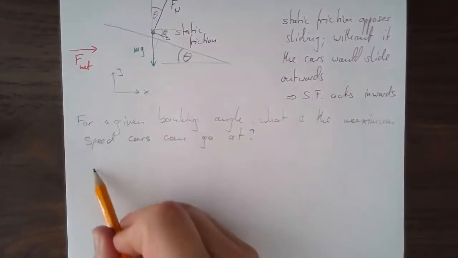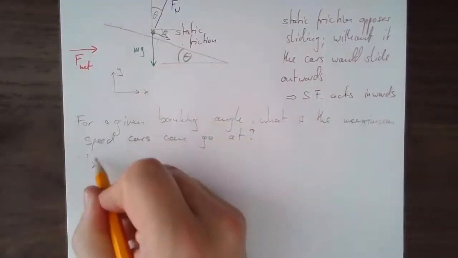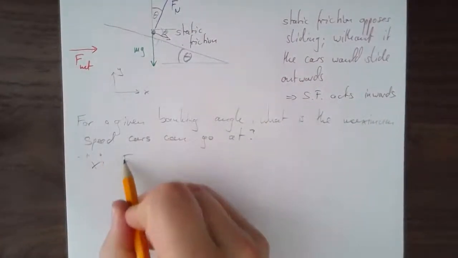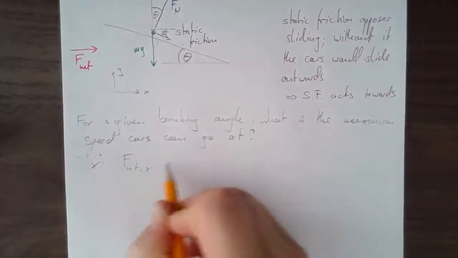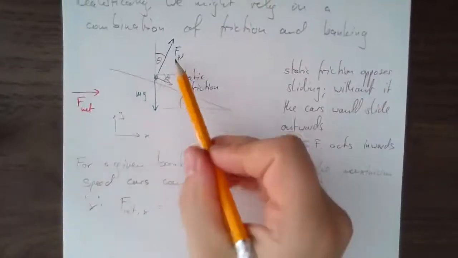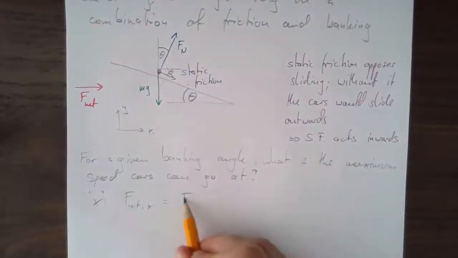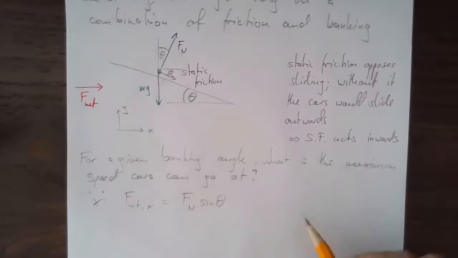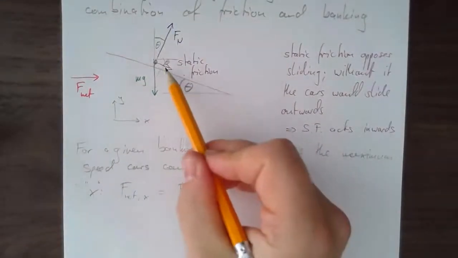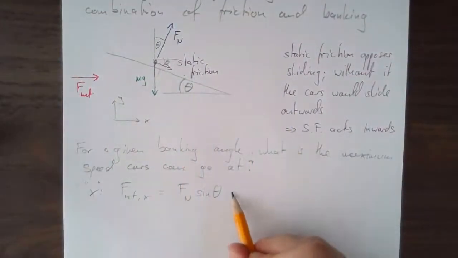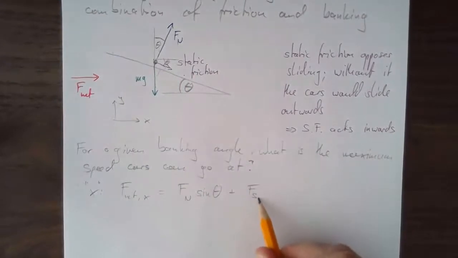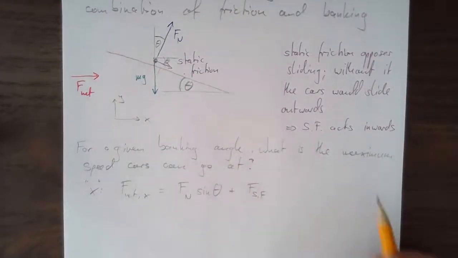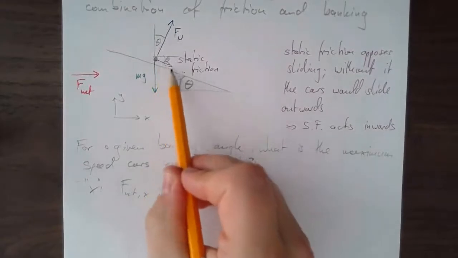So the x direction, what do I know? Well, I have that the net force in the x direction is, what is it made up of? The normal force, Fn, sine theta. That's the part we had before when there wasn't friction. But now we have friction as well, and friction's helping us. F static friction, right, SF, force due to static friction. Not the whole one, it's at an angle.